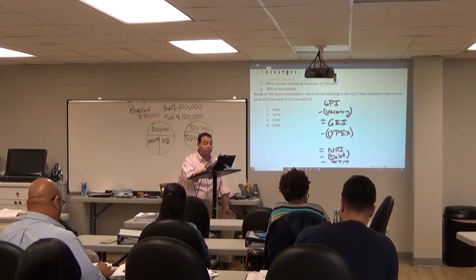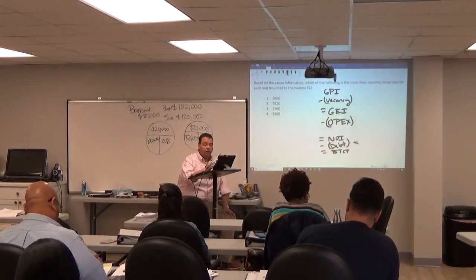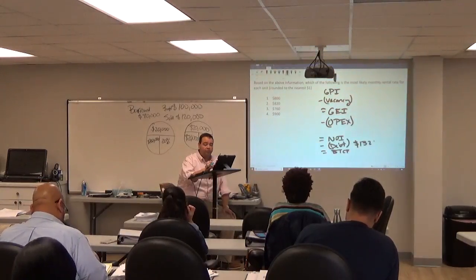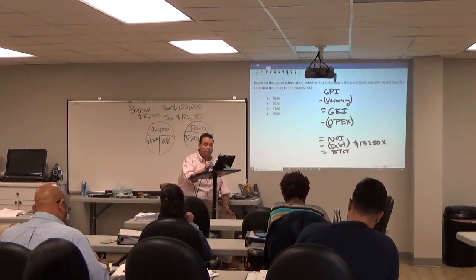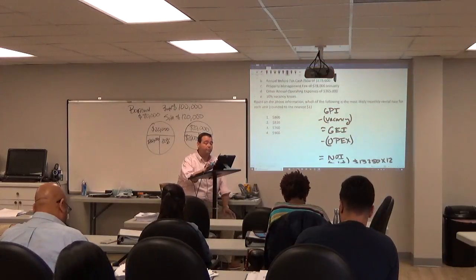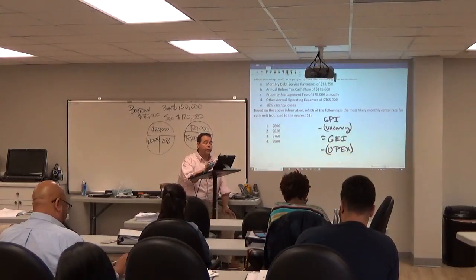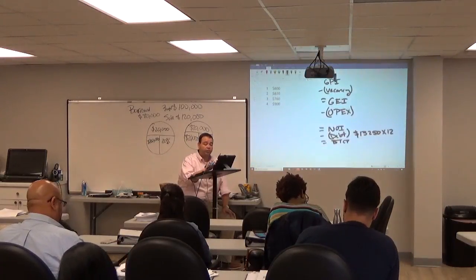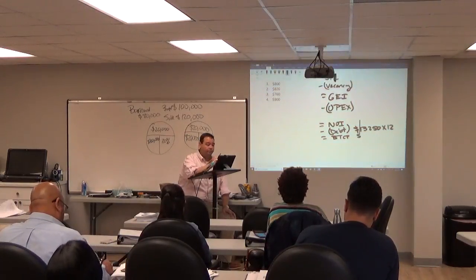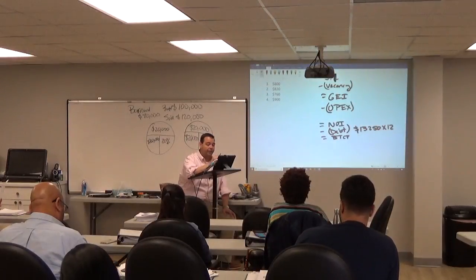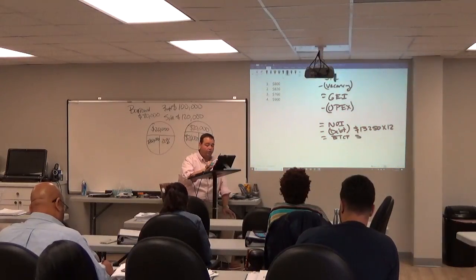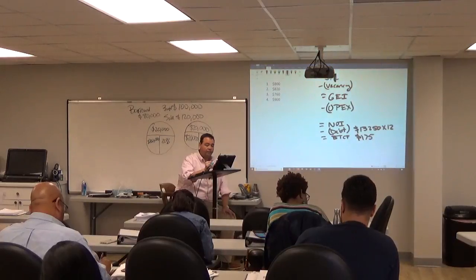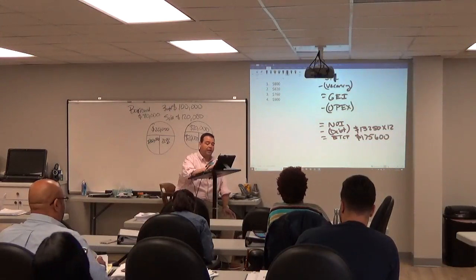Monthly debt service payments of $13,250. So we're going to write down $13,250 times what? 12, because it's monthly. Then annual before tax cash flow of $175,600. We'll fill that in. Again, we're not accustomed to being given that, but okay. There's our before tax cash flow.